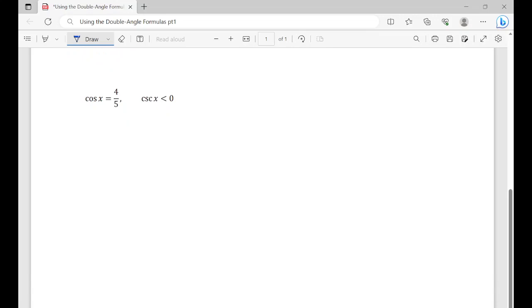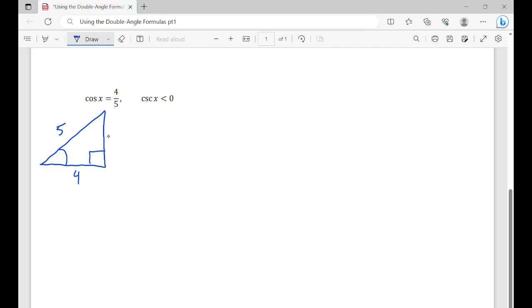Now how about cosine x equals 4 over 5 and cosecant x is less than 0? Again, I'm going to want to do a right triangle, so I can figure out all the parts. And cosine is just adjacent over hypotenuse, so 4 over 5.